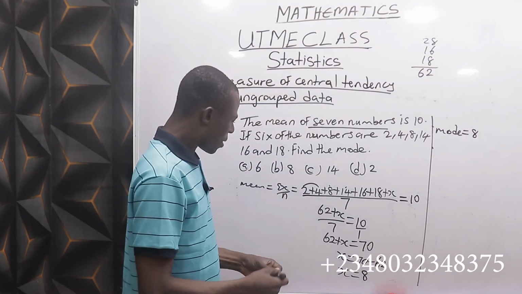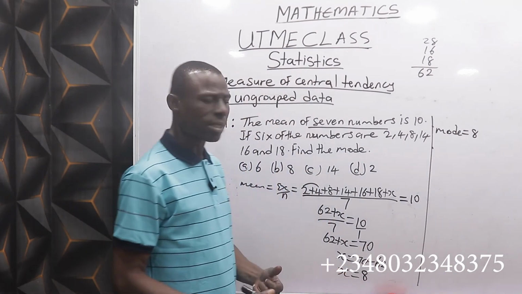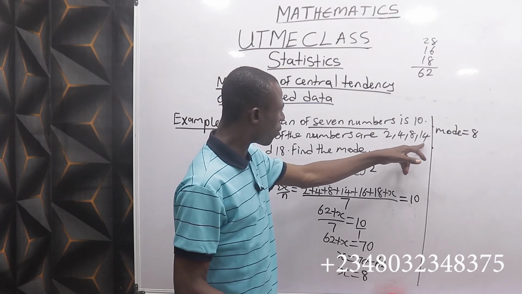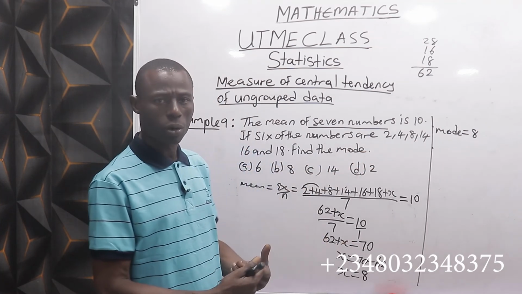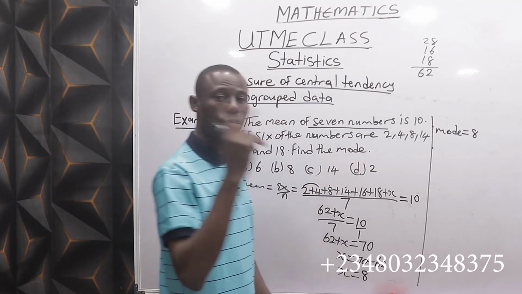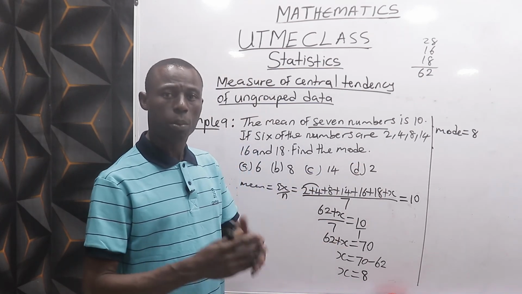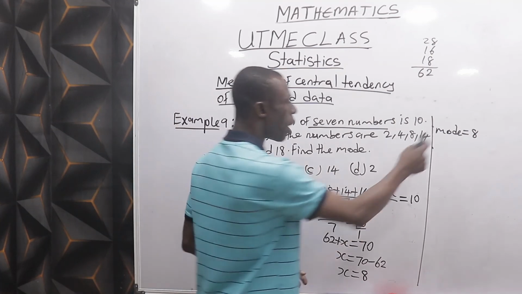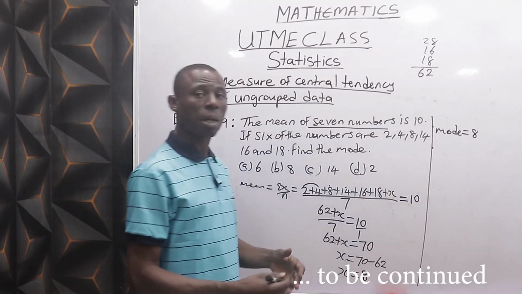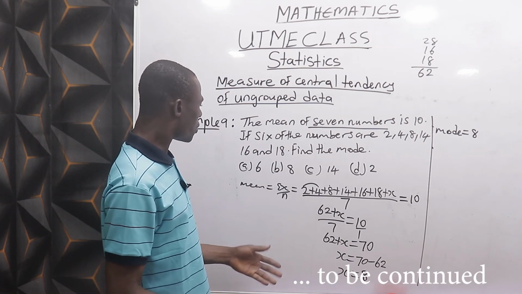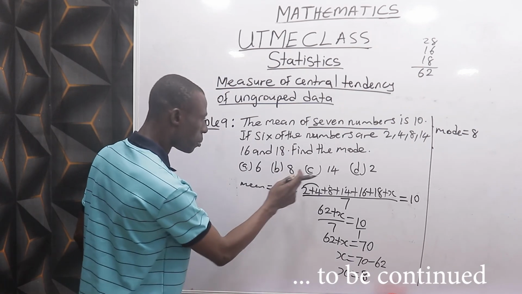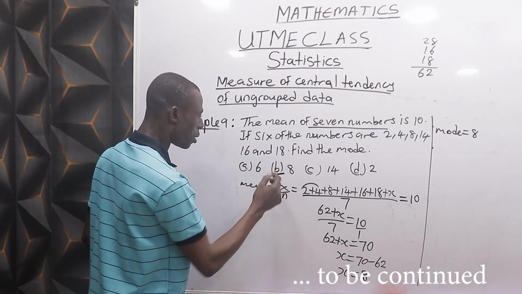Why? If the 7th number is 8, and 8 is also part of the first 6 numbers given to us, that means 8 appears twice, and no other number appears more than once. Therefore, our mode is 8, the number that appears most. And it tallies with option B in the options.